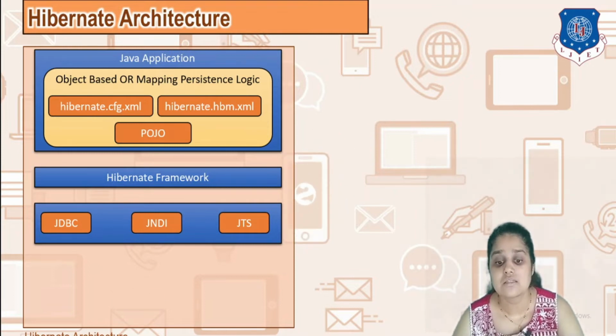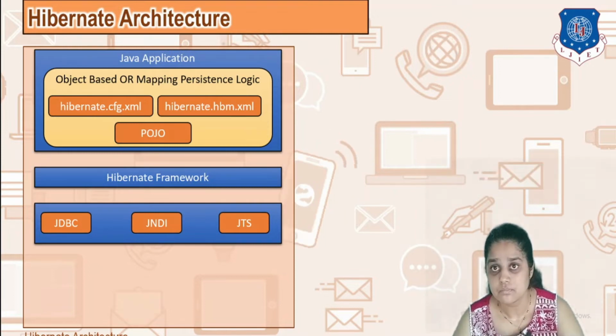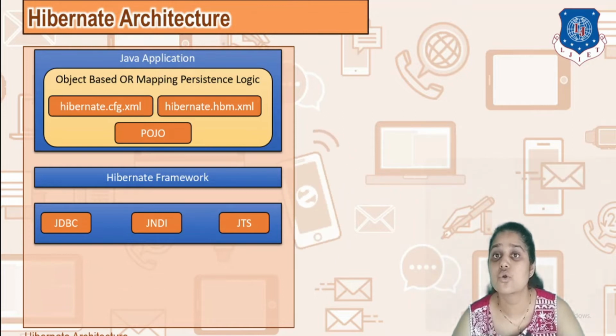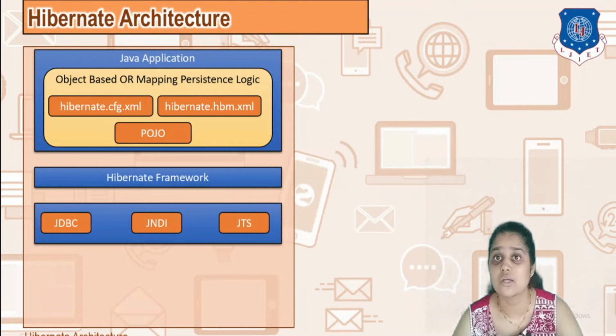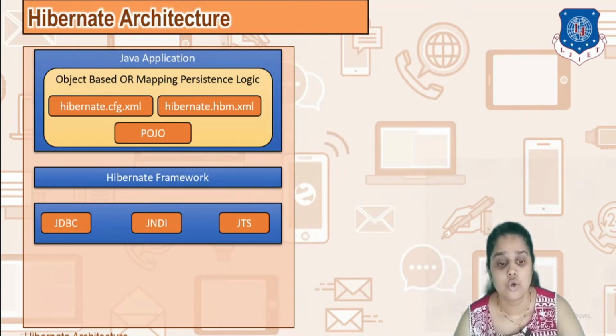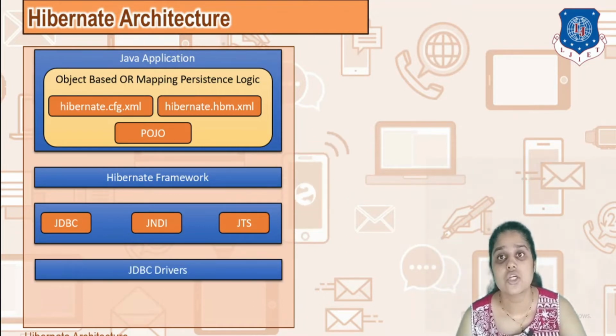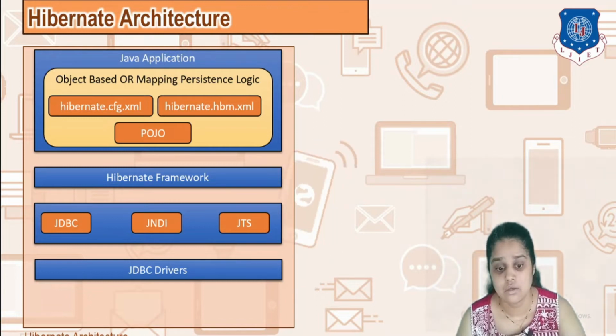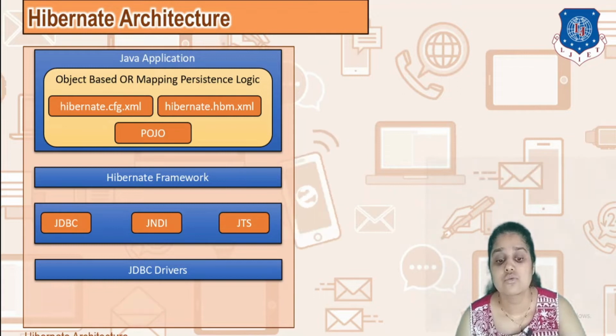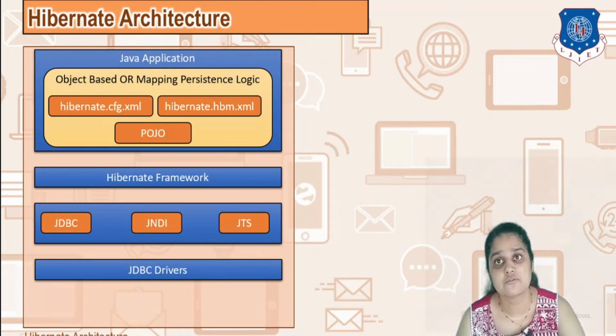JTA is Java transaction, and this is going to take care of your transaction management and commit your data into the database. And last is your JDBC driver. Without a driver you will not be able to connect. You can use a specific driver for a specific database, and the last layer is that of a database.